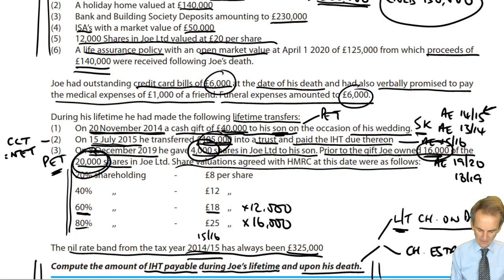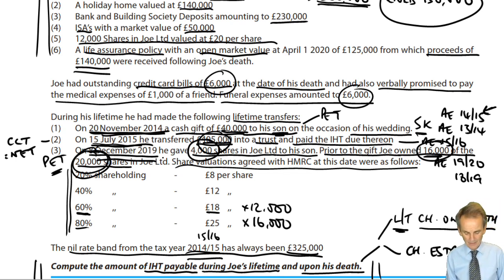We had November 14, July 15, December 19 in there. You will state what each of them is, a PET, a CLT, a PET. You will compute the transfer of value. One of those will require a working. The other ones are just taken straight from the question, of course.